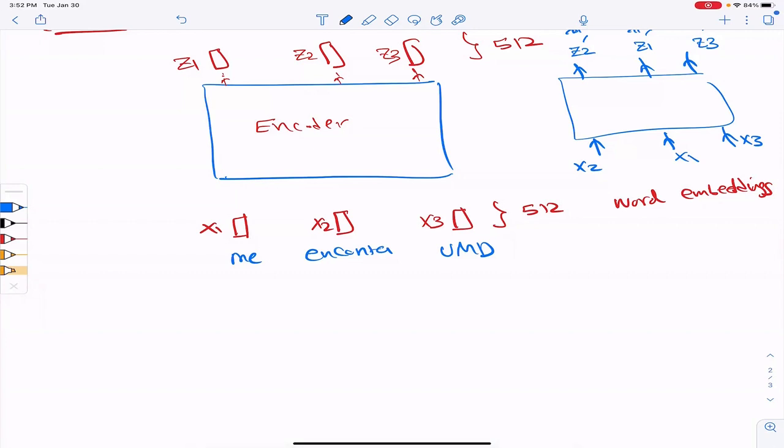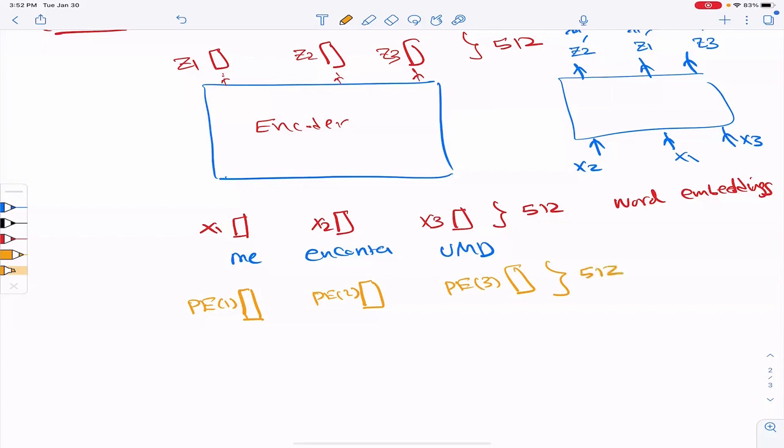Instead of having x1, x2, and x3 as my word embeddings as an input to the transformer, I'm going to have a positional embedding 1 for position 1, another vector positional embedding 2 for position 2, and positional embedding 3. What is the length of these vectors? It is the same length, 512. I'm just going to add them with my original x1 and x2 and have that as the input to my encoder.